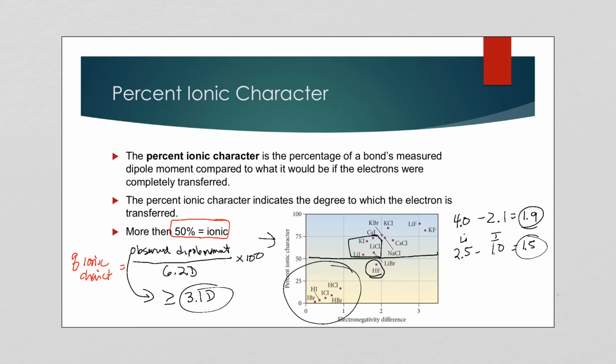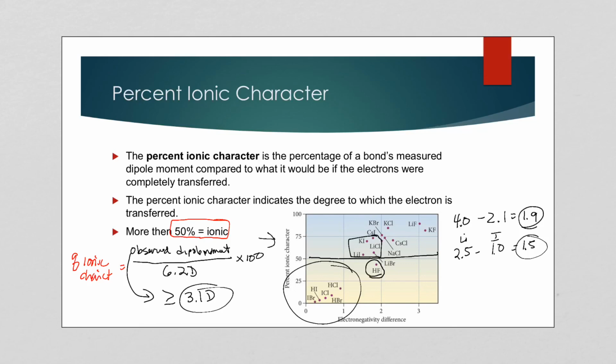But they have a dipole moment that is typically higher than 3, at least, so they're going to fall into that ionic character. So that's sort of the big picture.